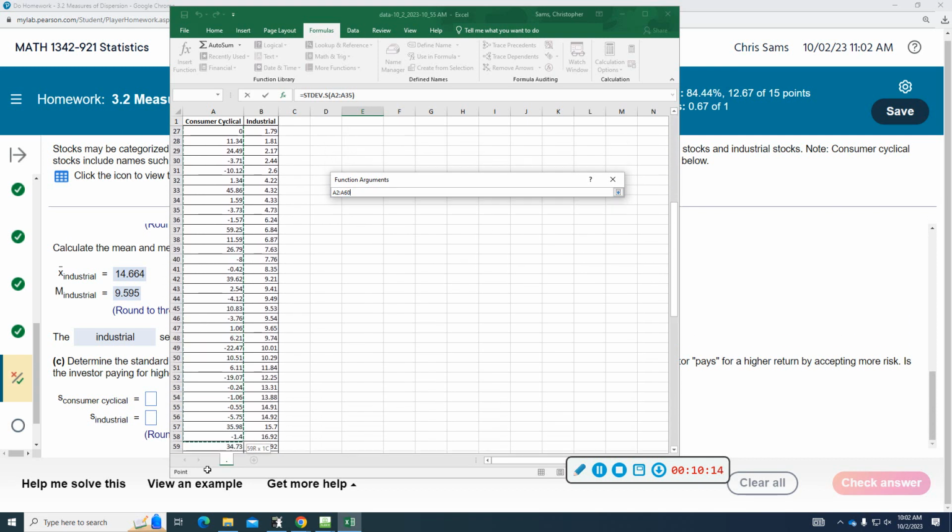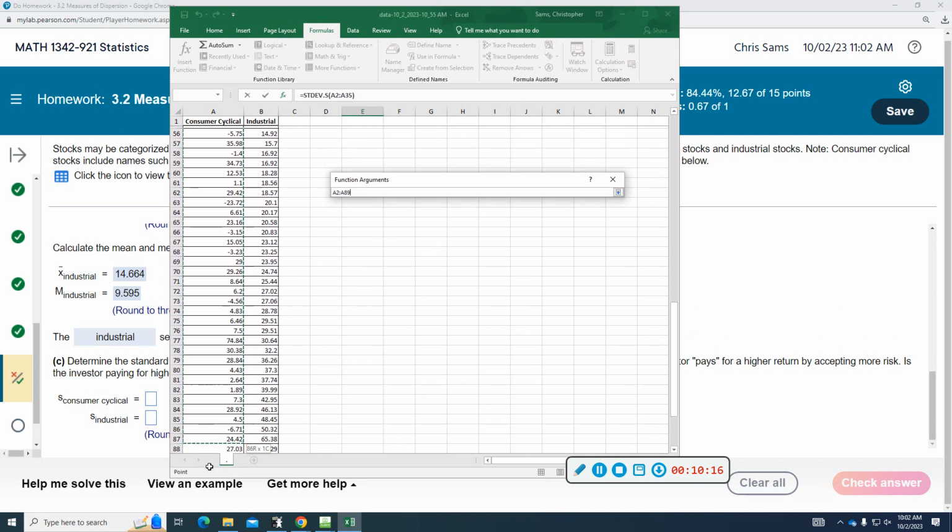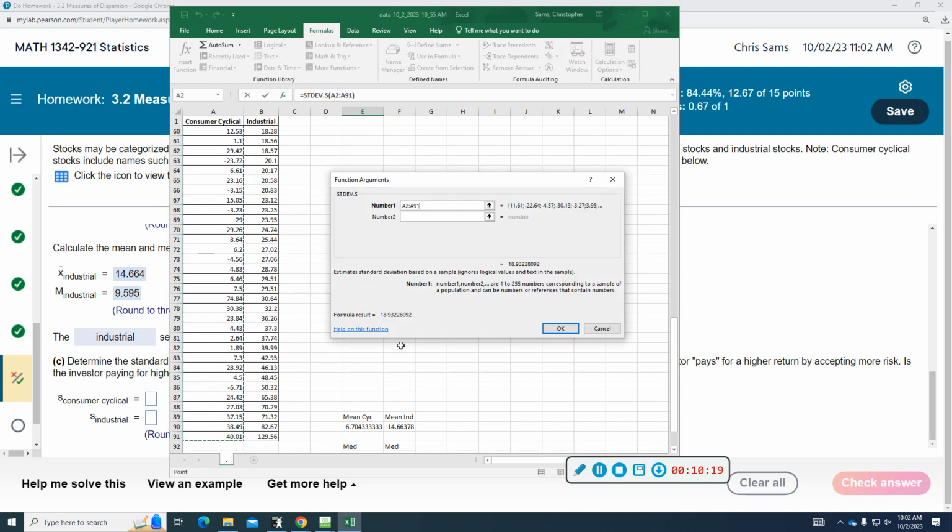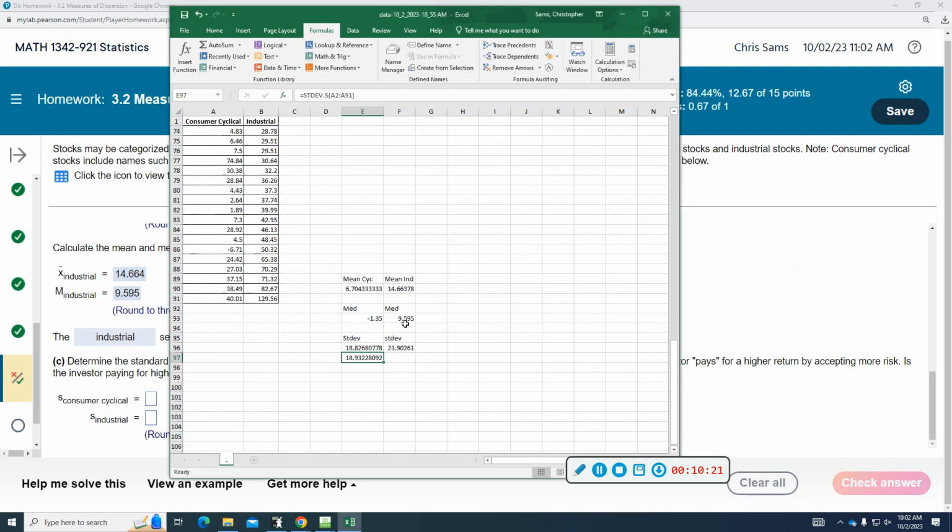Just click and drag it. Pretty close. Both those sample and population are pretty close.